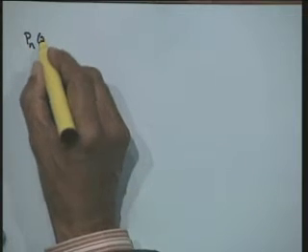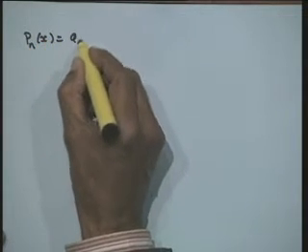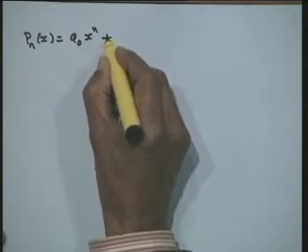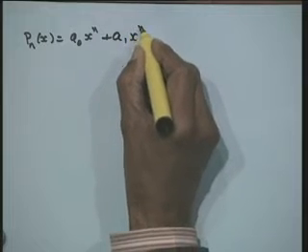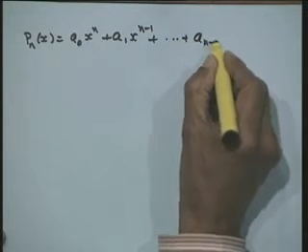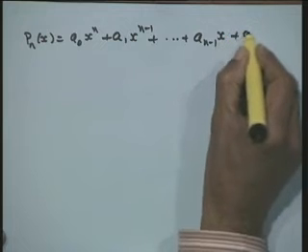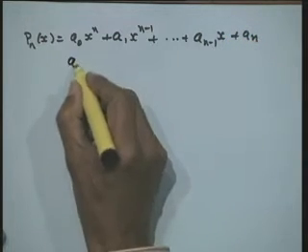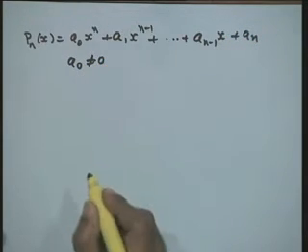So, what we are considering here is a polynomial equation p n x of the form a naught x to the power of n plus a 1 x to the power of n minus 1 plus so on a n minus 1 into x plus a n, with a naught not equal to 0.